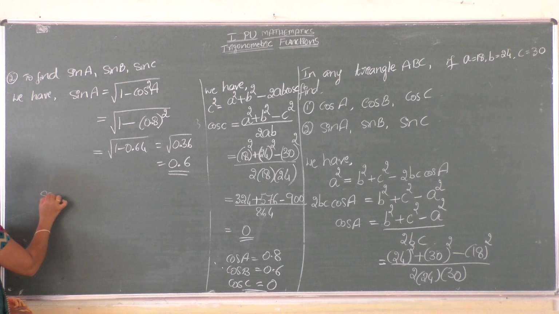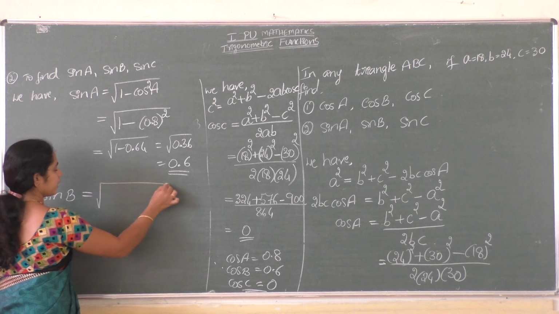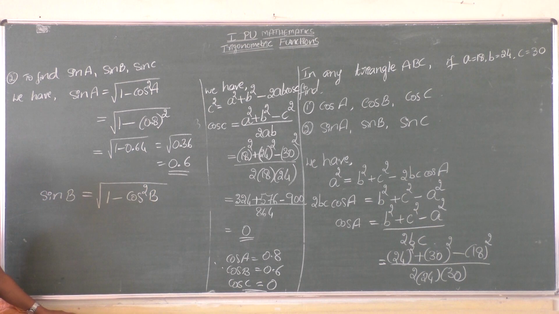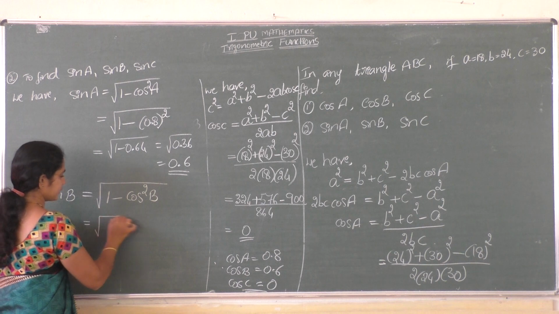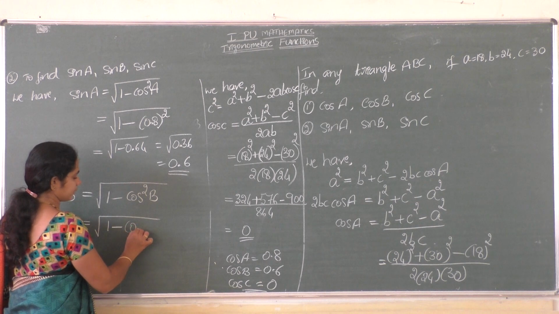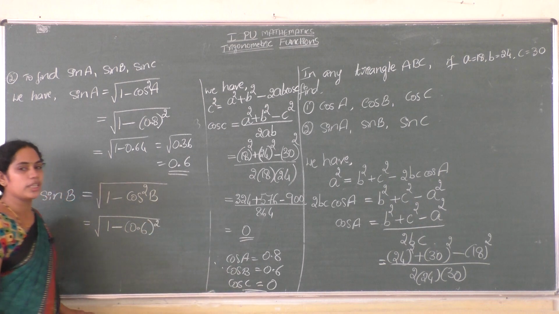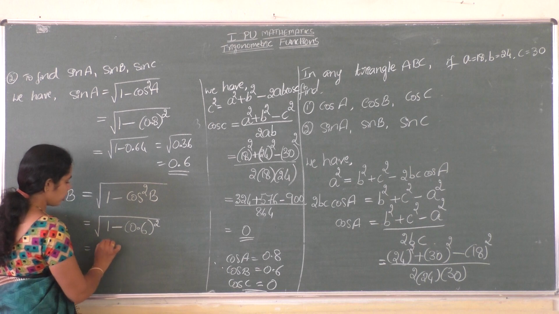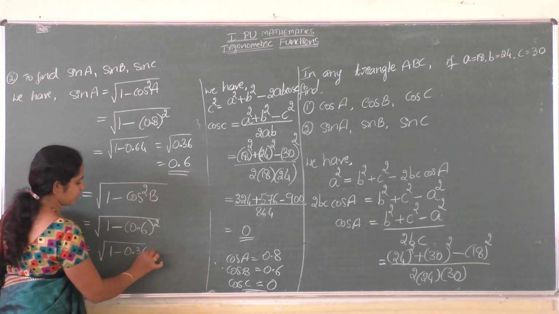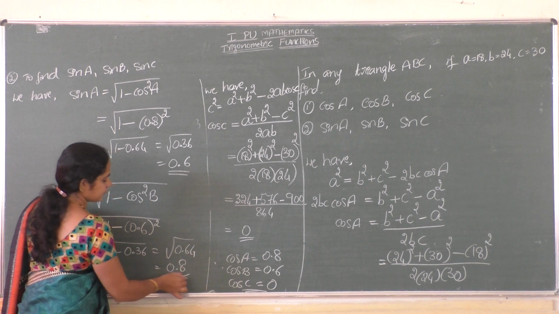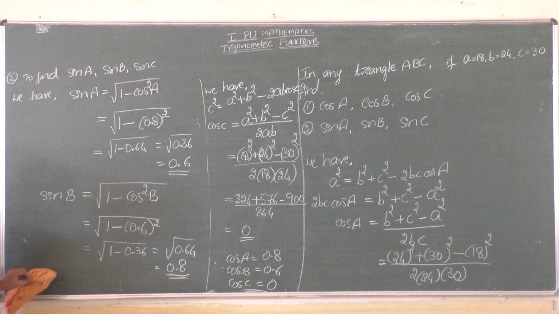Next, sin B is root of 1 minus cos square B. Cos B is 0.6, squared 0.36, so root of 0.64, that is 0.8.